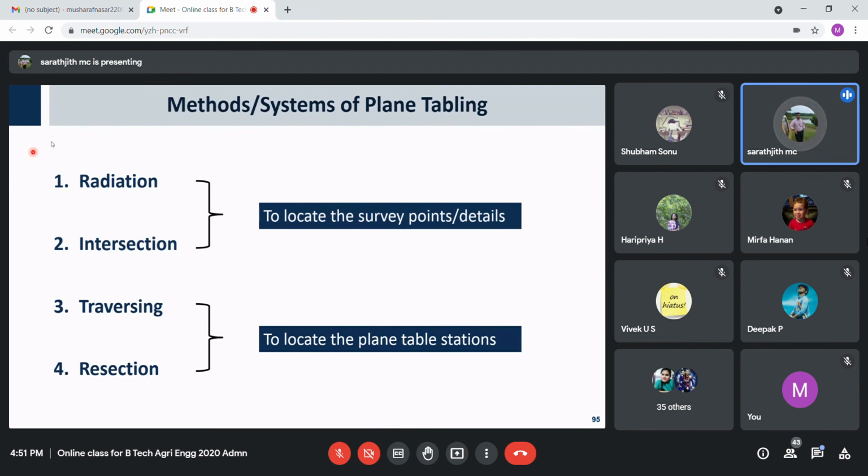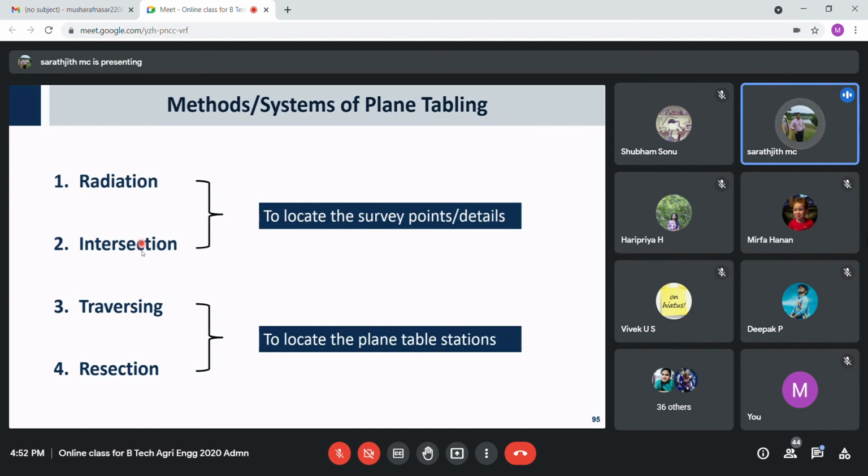But today we will be discussing these three: radiation, intersection, and traversing. Resection we will be discussing tomorrow, along with some more explanation that has to be given in the resection topic. So we will be discussing this in the next class, but we will be dealing with radiation, intersection, and traversing today.